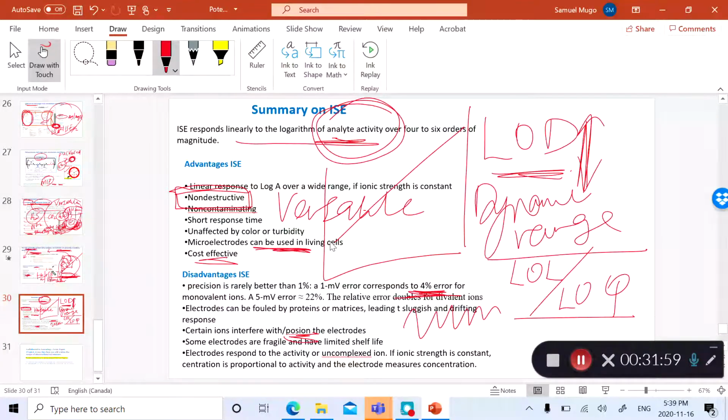That's a very important advantage, that you're not consuming the sample anytime you're using ion selective electrodes. Also, they tend to be less affected by matrices, compared to the other techniques. So think of other advantages as well that you can add to this list.